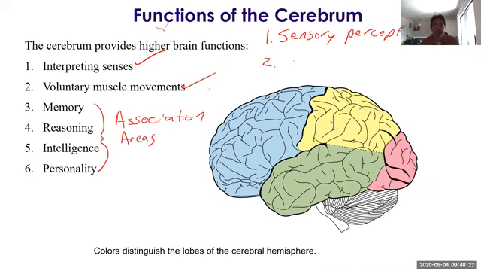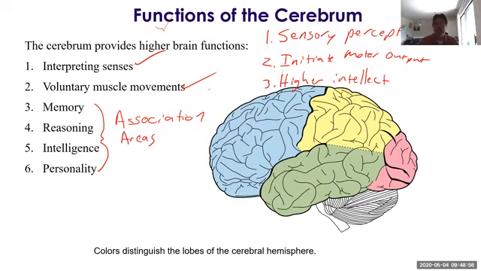Number two, initiate motor output. And number three, association areas, which I just like to think of as higher intellect. Right. Reasoning, mood, problem solving, judgment, ethics, all of those things are a part of the cerebrum.